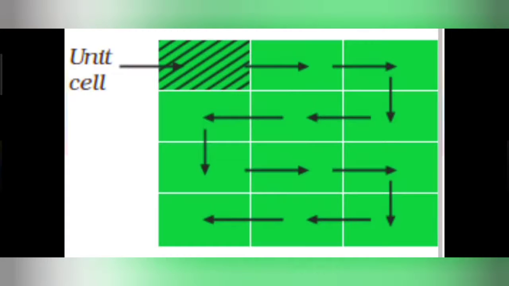As you can see in this figure, we have a unit cell here, and it is repeated in all directions, but in this case we have only a two-dimensional arrangement. So it will move up, down, right and left on each side, and it will generate a two-dimensional arrangement of this unit cell, and eventually this will lead us to a two-dimensional crystal lattice.